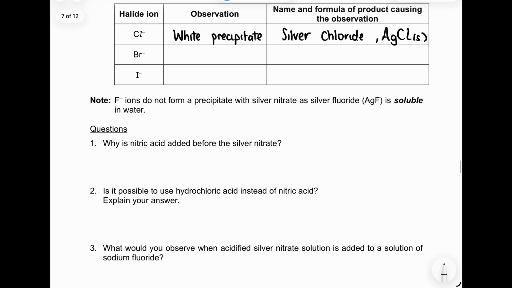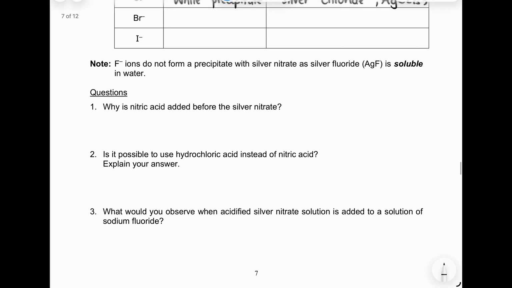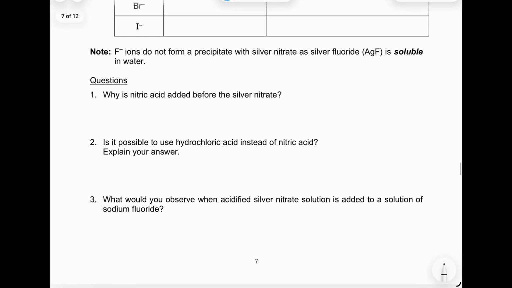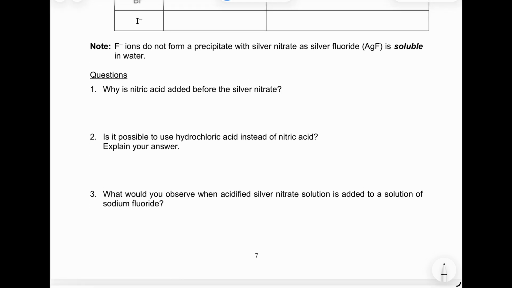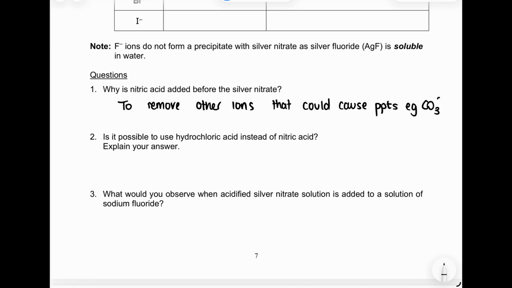So if we just have a look at some of these questions, and remember we're going to come back to the second test a little bit later. So we added nitric acid to remove other ions that could cause precipitates, e.g. carbonate.